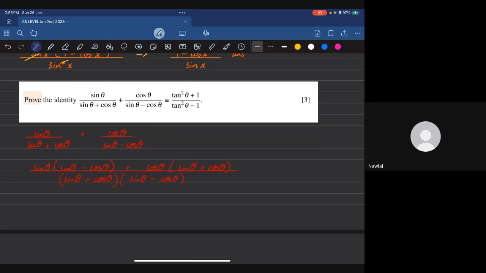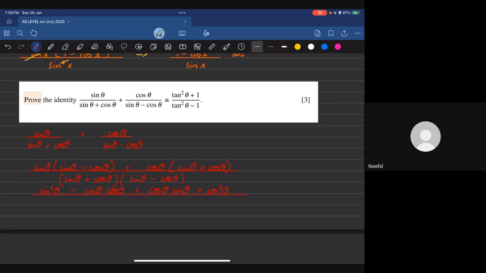Okay, simplify. So I'm going to get sine square theta minus sine theta cos theta plus sine theta cos theta plus cos square theta, over.